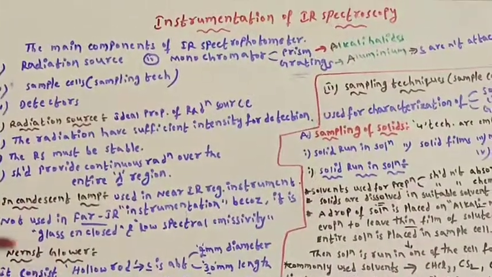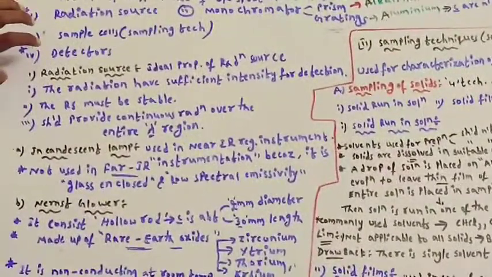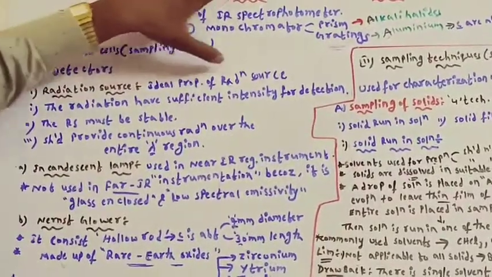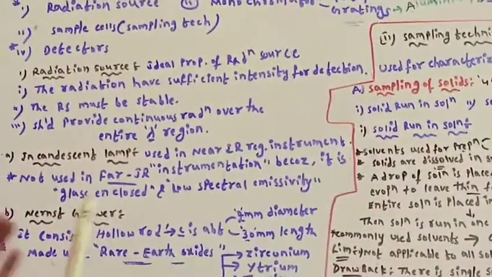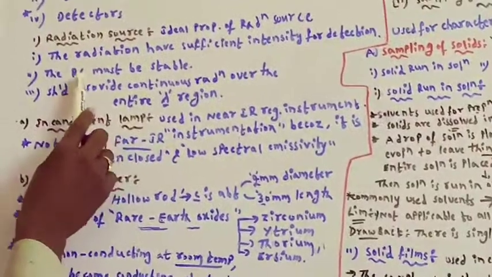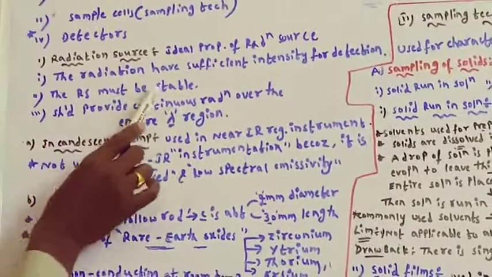Let's see one by one. First one, radiation source. From the radiation source, IR radiation will be emitted. What are the ideal properties of a radiation source in IR spectroscopy? First, the radiation source must provide sufficiently intense radiation for detection. Second, the radiation source must be stable.